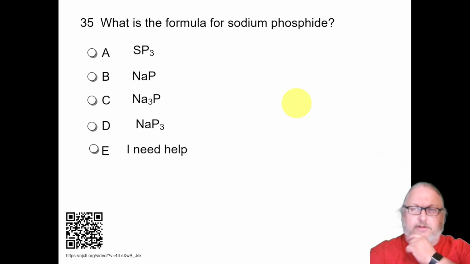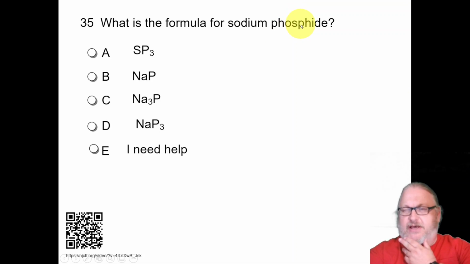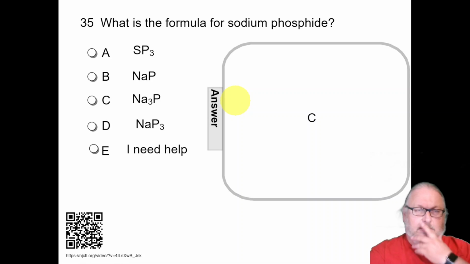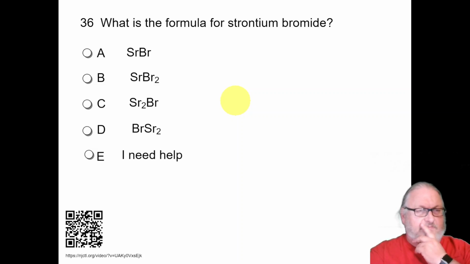What's the formula for sodium phosphide? Phosphorus is in group 15, so it's going to have a 3- charge. Sodium has a 1+ charge. Flip them, crisscross them, whatever. Na3P, that would be a C. One more, I think. What is the formula for strontium bromide?